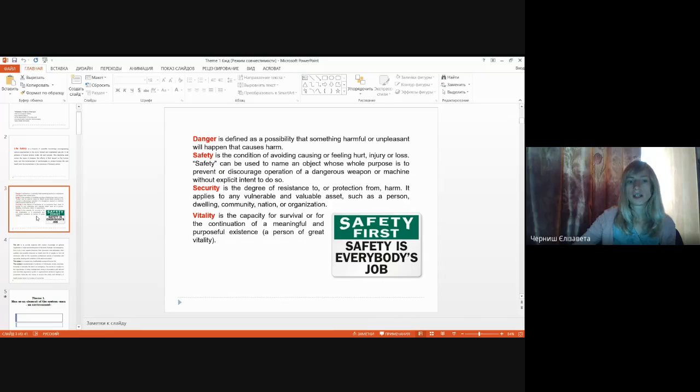About some terminology, we have different definitions that are used: dangers, safety, security, vitality. Vitality of activity, human activity, is the capacity for the continuous, mindful, and purposeful existence of a person in the changing environment.